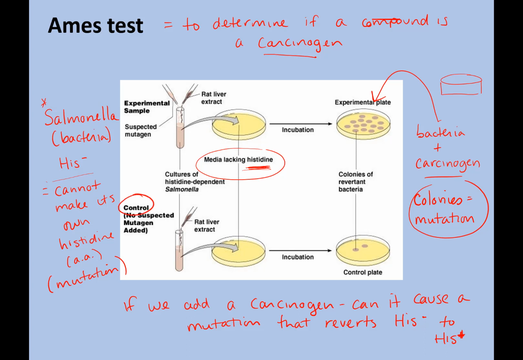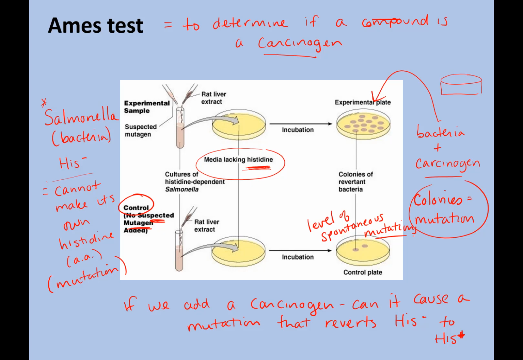What's really important is this control where you have no mutagen, no carcinogen. This is to show the level of spontaneous mutations. Okay, these are due again to errors in DNA replication, metabolism.